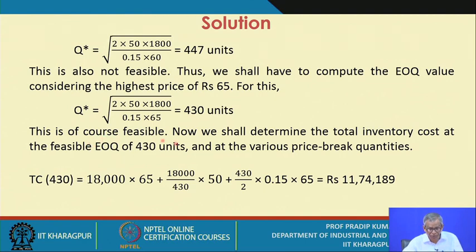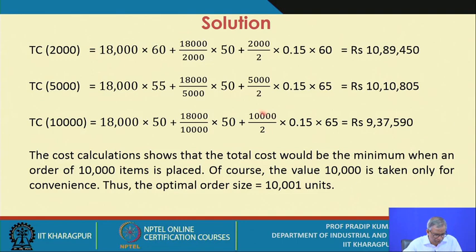You just refer to the table. Now we shall determine the total inventory cost at the feasible EOQ of 430 and at the various price break quantities, as we have already pointed out. The total cost at 430 comes to this value, and the next price break quantities are 2000 and 5000.